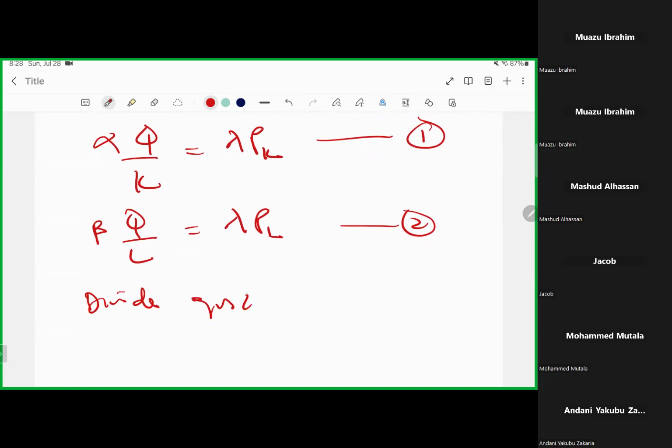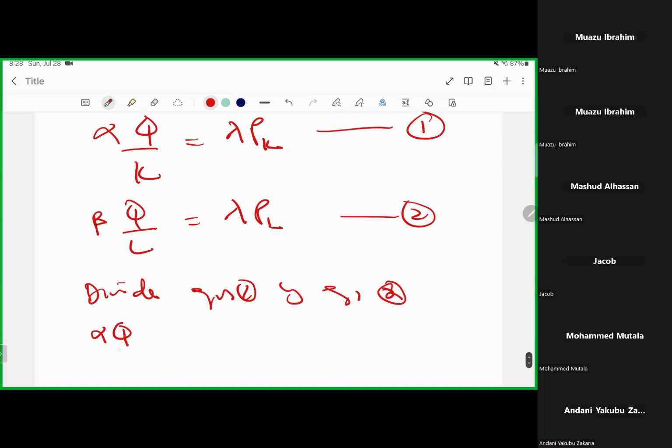So we will have alpha Q all over K, this divided by this, and this divided by this.